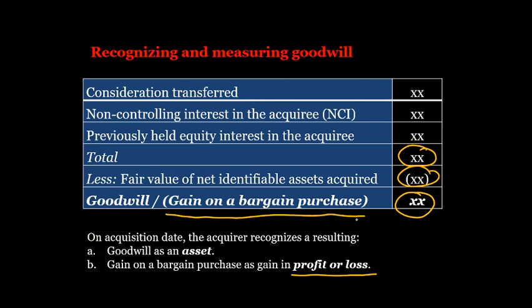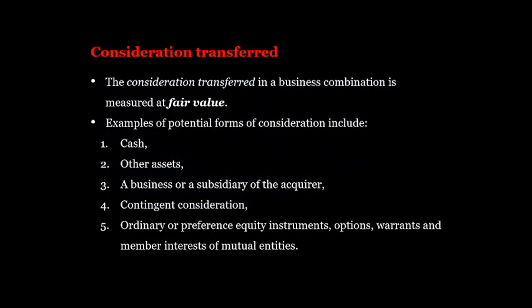Pero it's possible to use negative goodwill instead of gain on bargain purchase. Pero if there is negative goodwill and that negative goodwill has been amortized, naku, that's already an old material. Kasi ang bago ngayon, most of the time we use gain on bargain purchase and definitely should be reported as a profit or loss. Okay, so that's the recognition of goodwill.